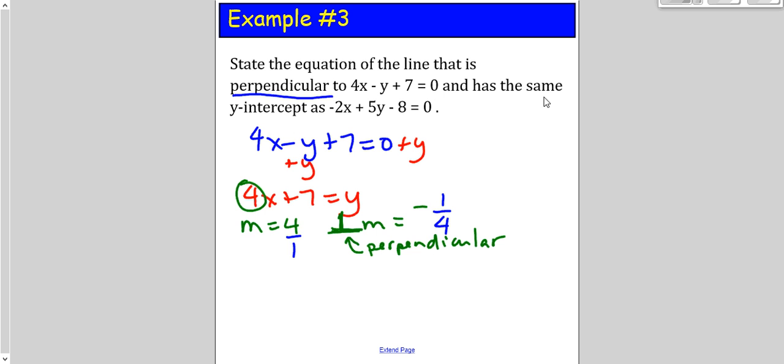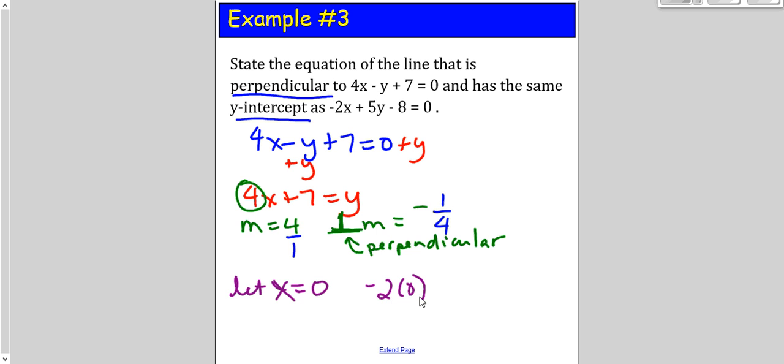All right, and it has the same y-intercept as this equation. So y-intercepts, remember, if I want to find a y-intercept, I let x be equal to 0. I'm going to go through this equation, and wherever there is an x, I'm going to put a 0.